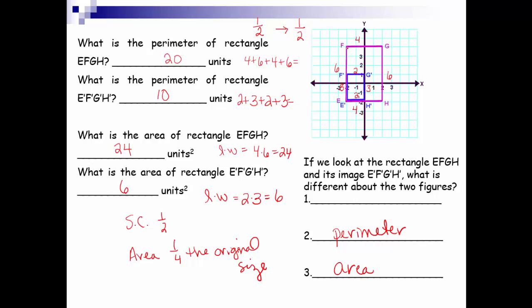Something else that's different, we talked on the last slide, is the side lengths. FG was 4, F prime, G prime was 2, so the side lengths will change. And that is what will not be preserved in a dilation. The perimeter will change, the area will change, the side lengths will change.